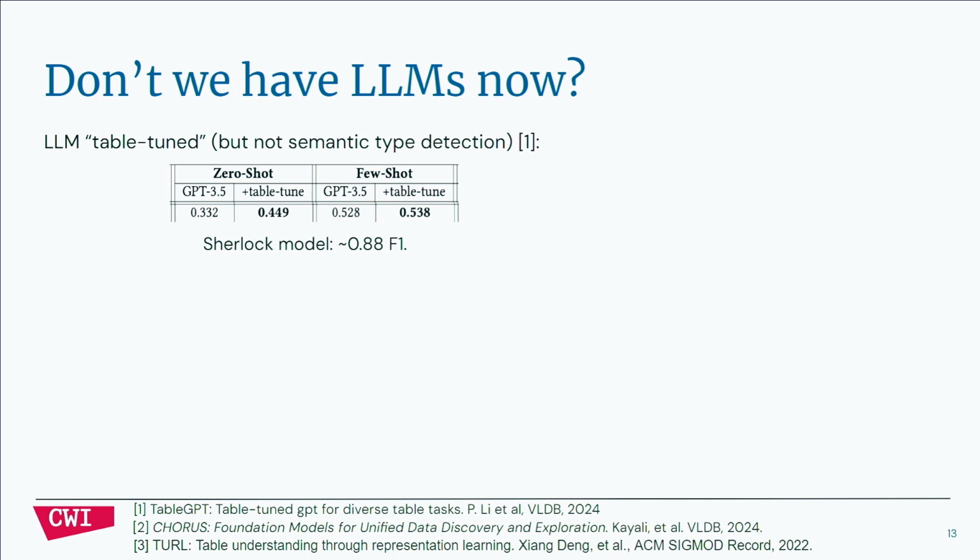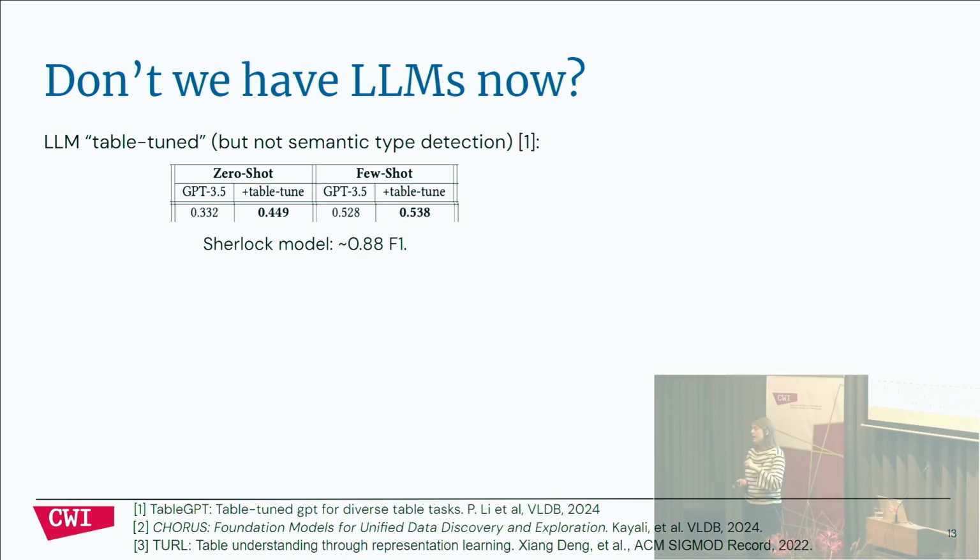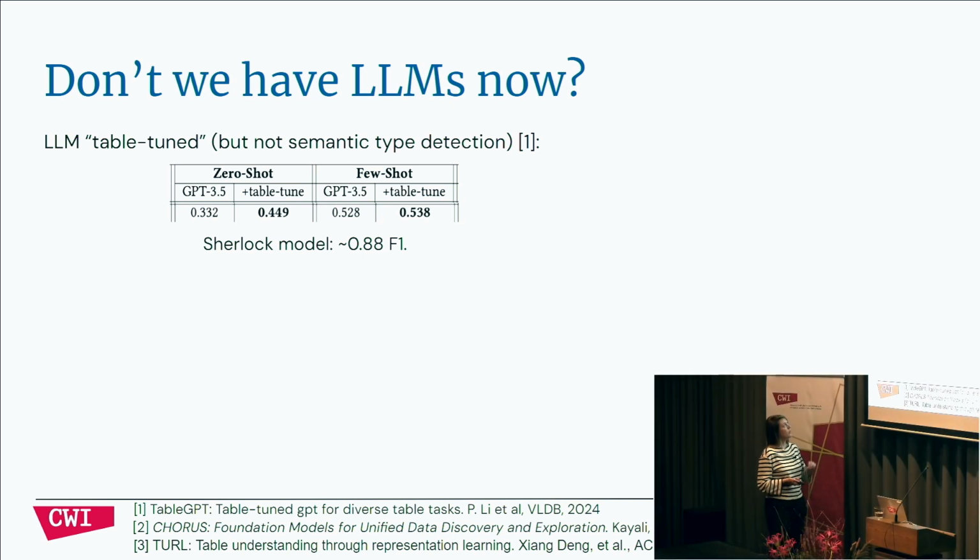there have been many people that try to pre-train LLMs also on tables. Here you see a table that reflects the performances of GPT 3.5, I believe, that was trained also on tables and then evaluated on this data set that we also use to evaluate this Sherlock model on.